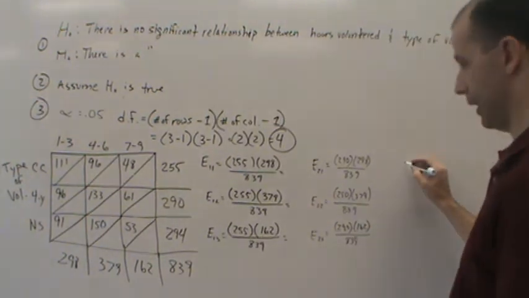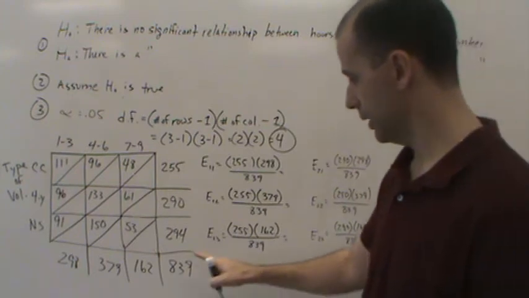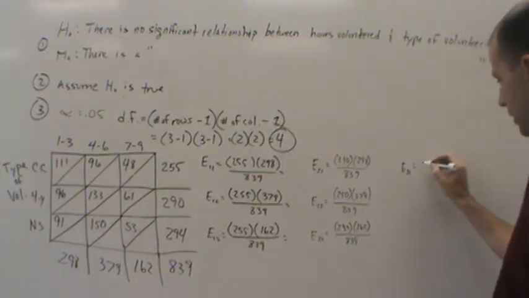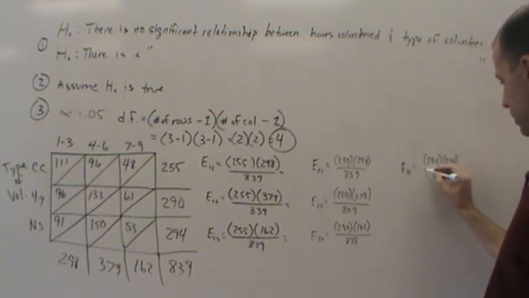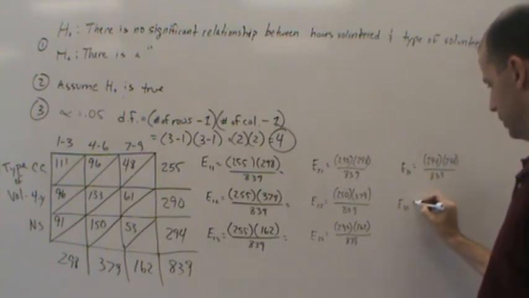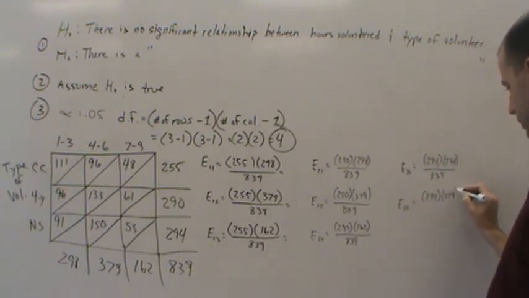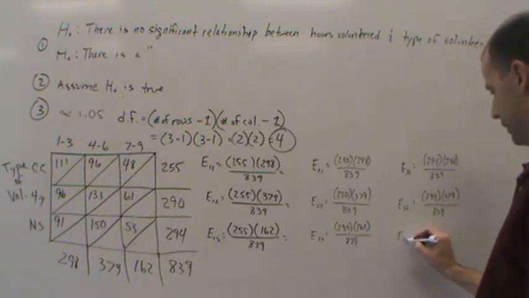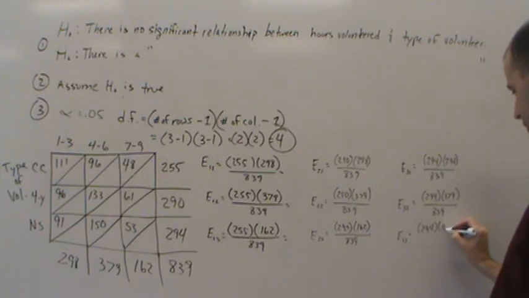And then finally, the last row, E31, now we're going to use 294, right? So it's going to be 294 times 298 over 839. E32 is going to be 294 times 379 over 839. And then E33 is going to be 294 times 162 over 839.